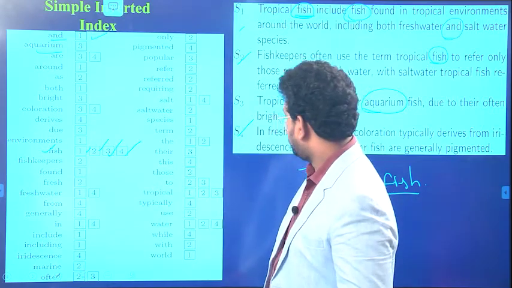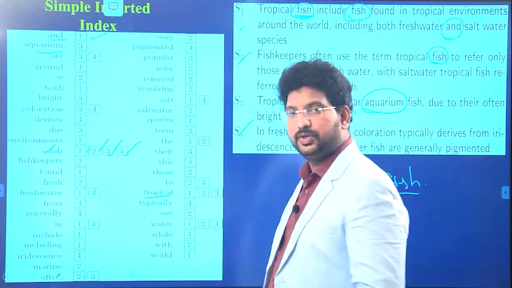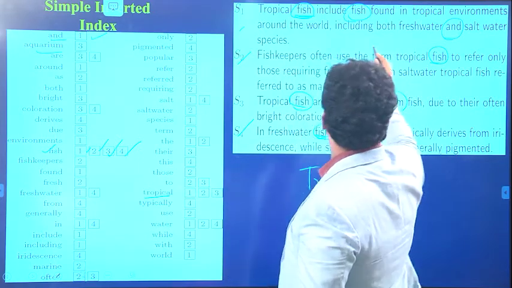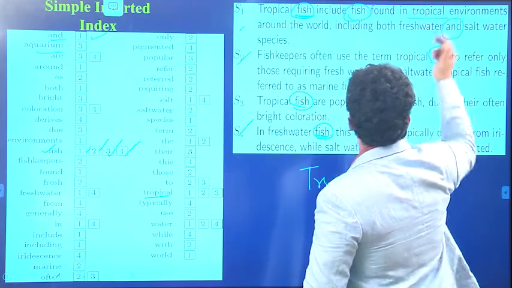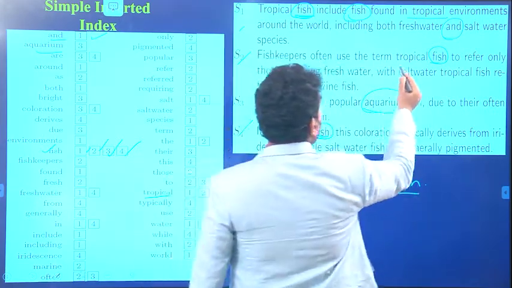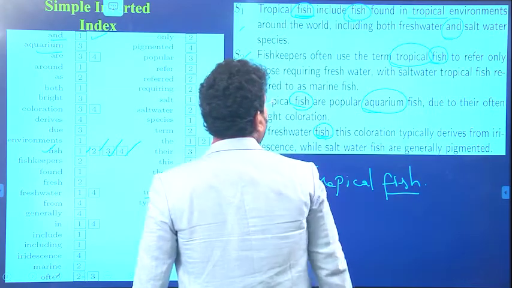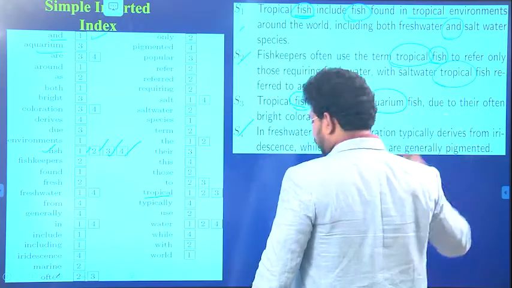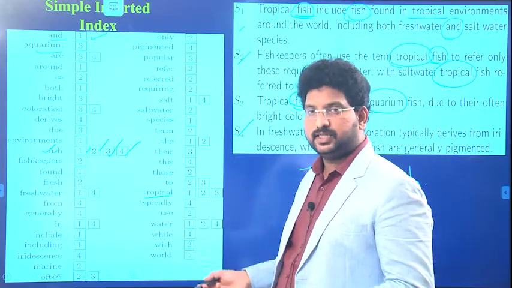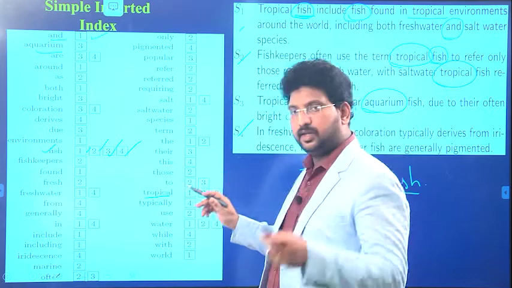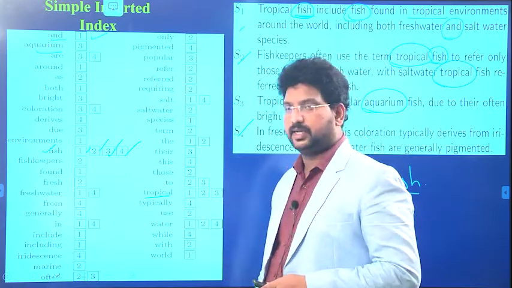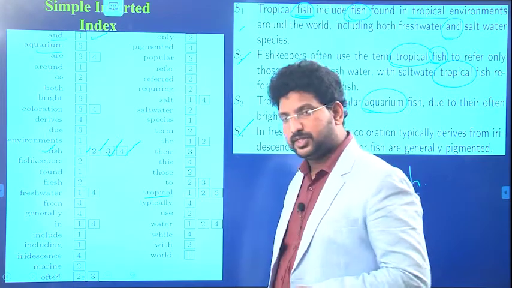If you observe in the case of tropical, what you are able to identify is that it will be present in document 1. Tropical, where is it? Yes, tropical 1, and in the second also we will have tropical, and here also. So we are not thinking about how many times it has repeated, just which documents the word is present in. So documents are associated with the word.